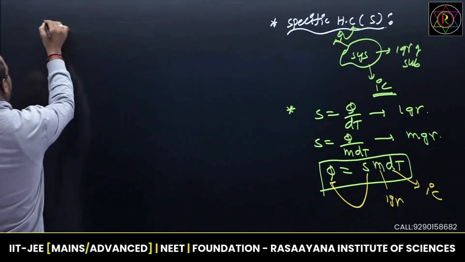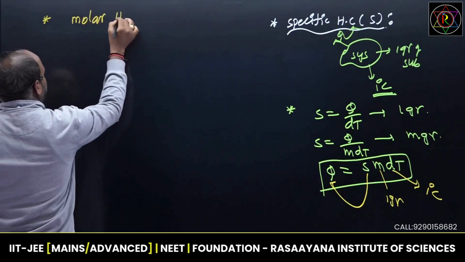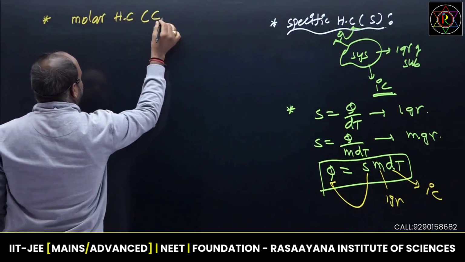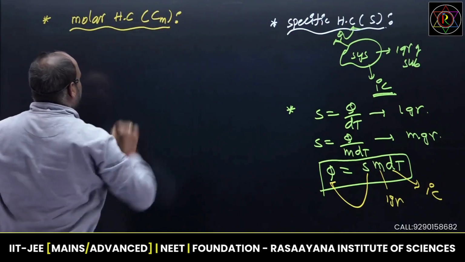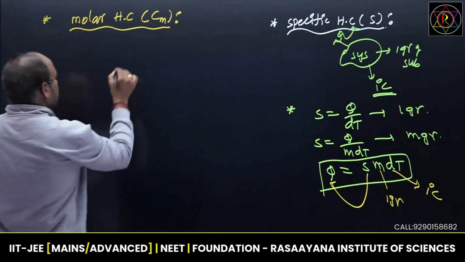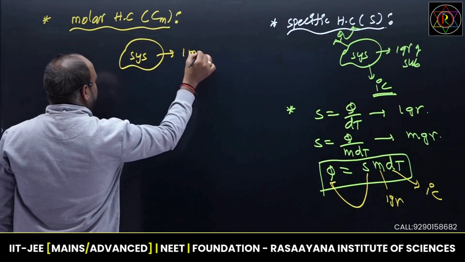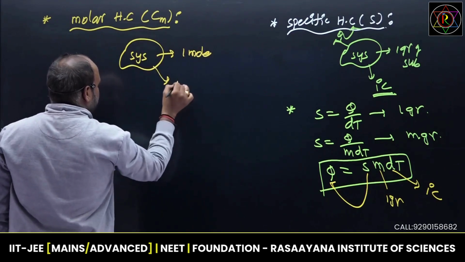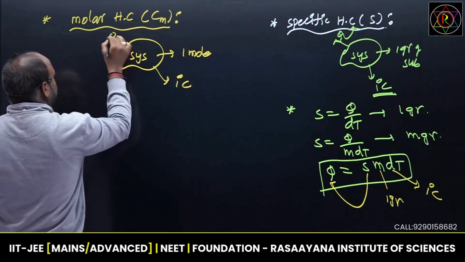Then coming to molar heat capacity, which is also denoted with C or Cm. The simple definition: a system is there, and that system is 1 mole of substance whose temperature is increased by 1 degree centigrade. How much heat is required?